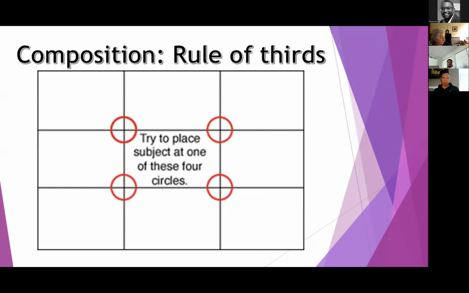Now, I will say there are rules to the rule of thirds that you can break, right? And still get a phenomenal photo. So don't think you're stuck in this box. It's just that aesthetically where people's eye goes and where you send them is important.